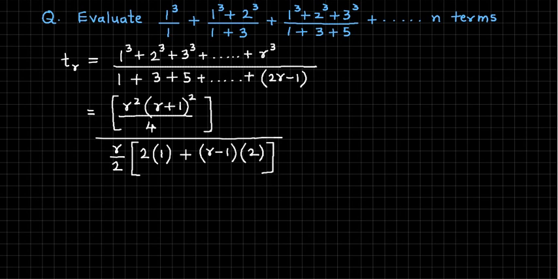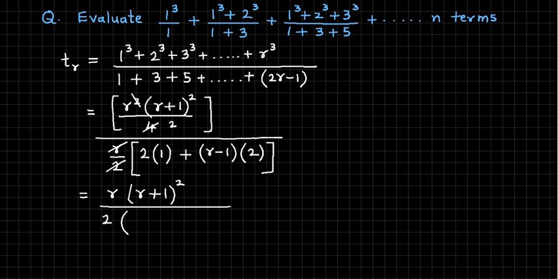Alright, so simplifying that further, we can cancel the 2 with 4 and that leaves 2. We can also cancel the r with the r square in the numerator.